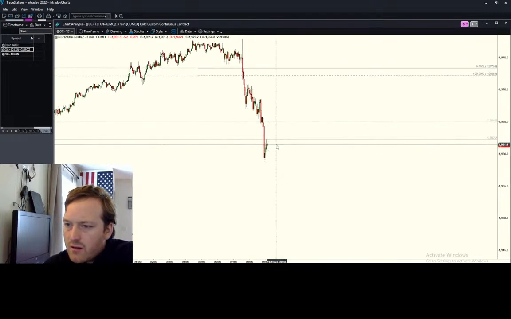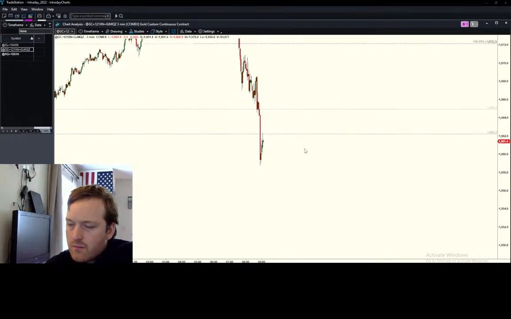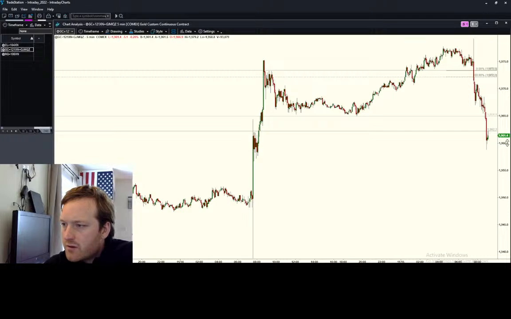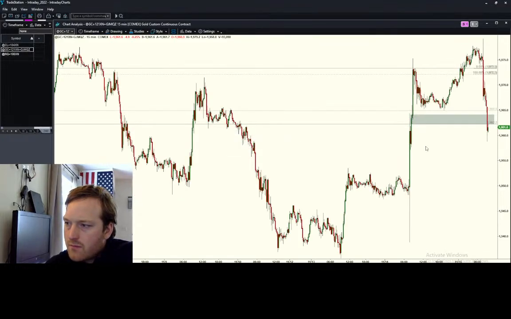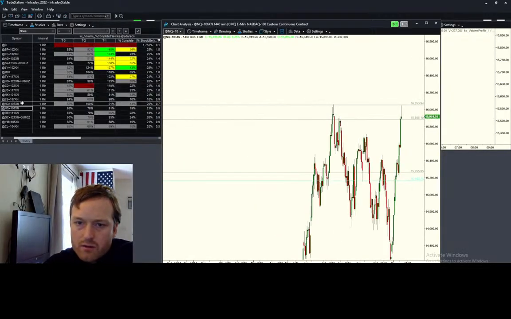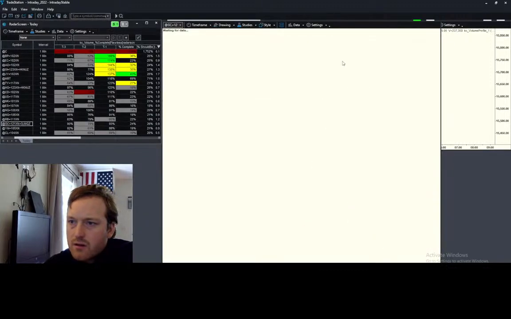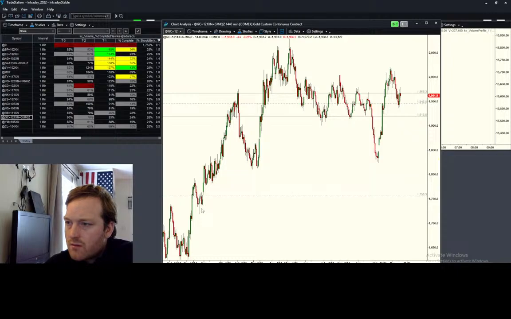I would be more net long on gold. Let's let this thing develop a little bit more. I think gold's made its low of the day. If you look at gold daily, yeah, I think it's made its low. It's bounced a little bit from there.